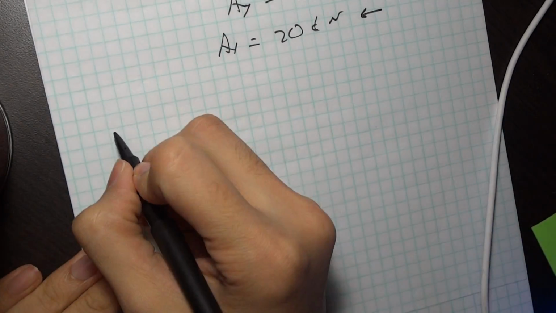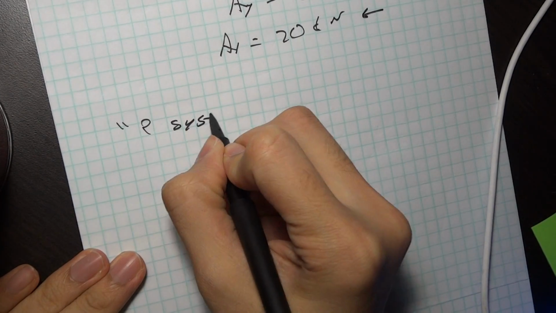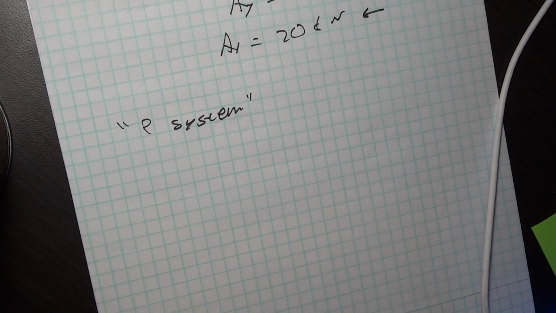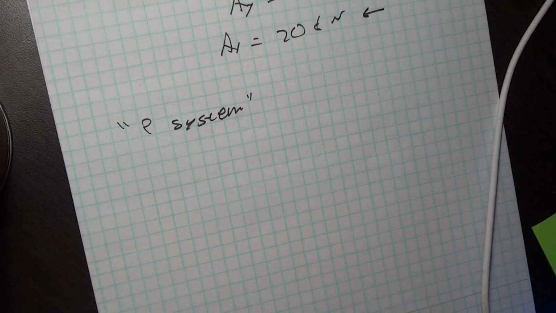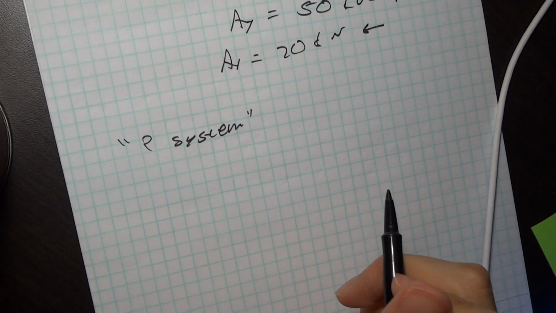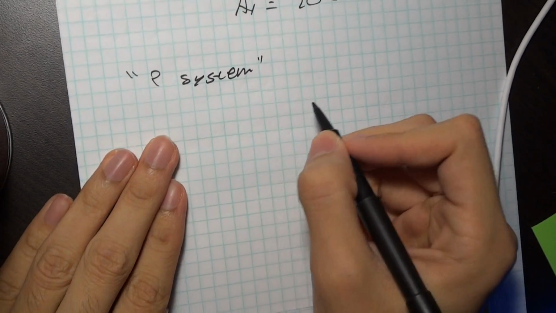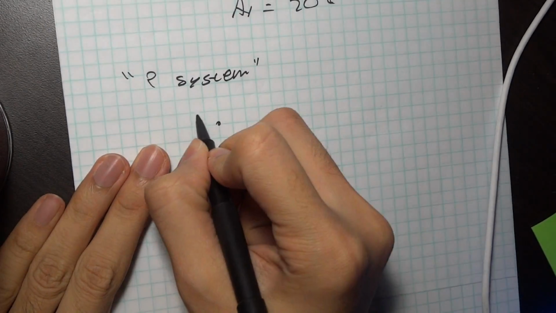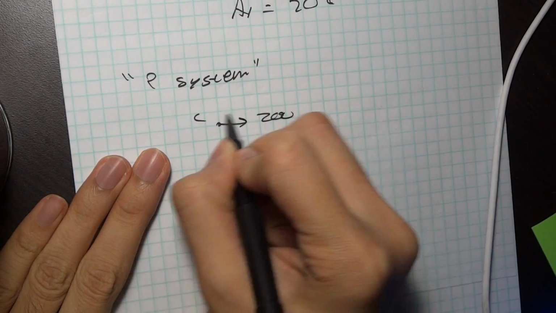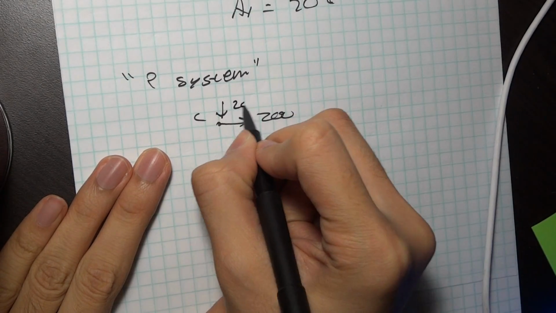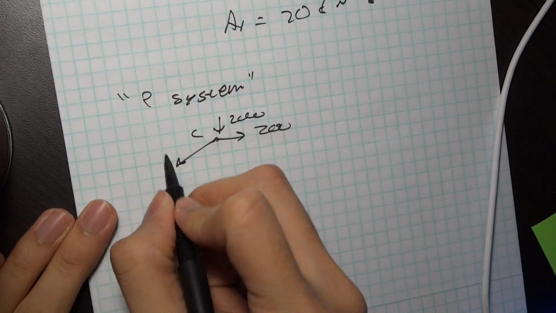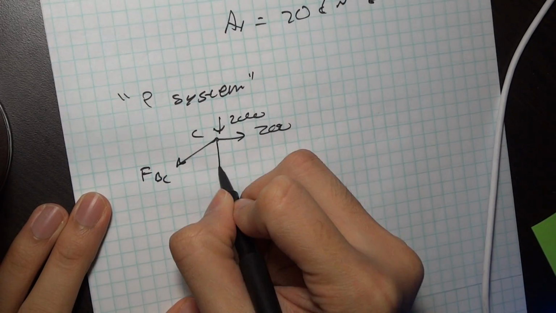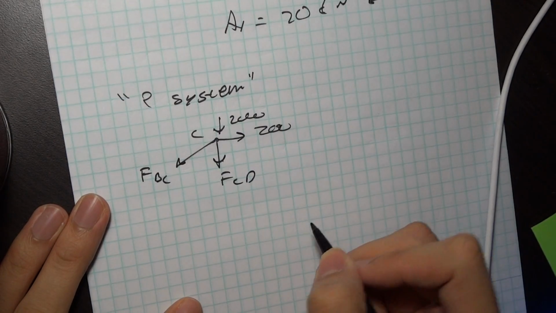So I think it's good practice for you guys to figure out how to get the loads in a truss yourself. It should be quite familiar for you. I believe that is one of the simplest things you guys learned this semester. If I'll do the forces at joint C, we have 200, FBC, and FCD.